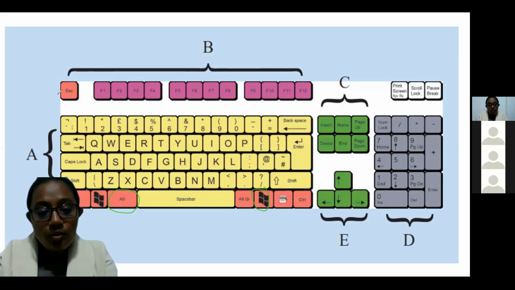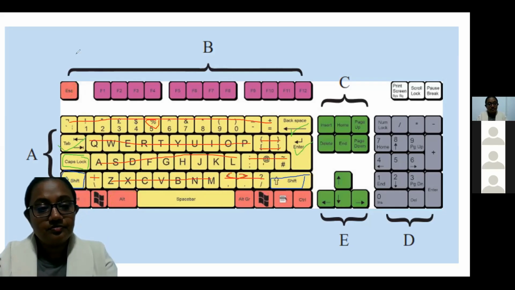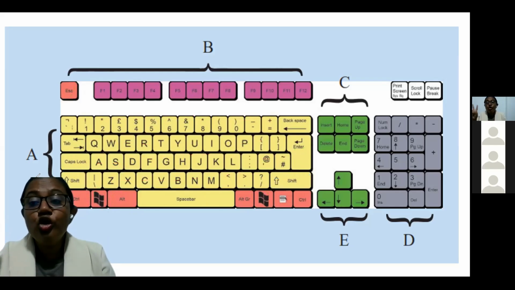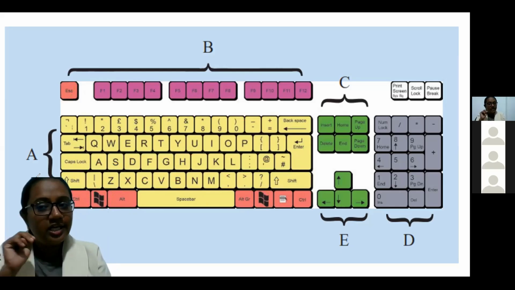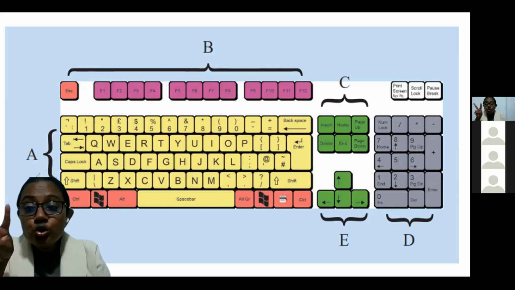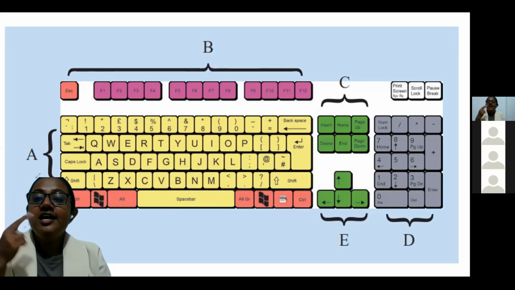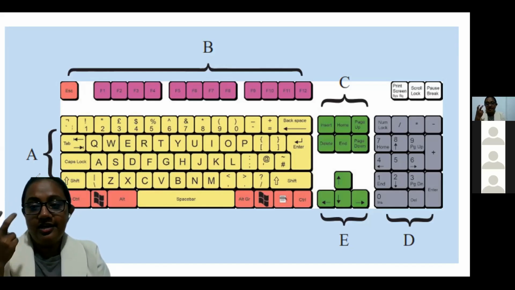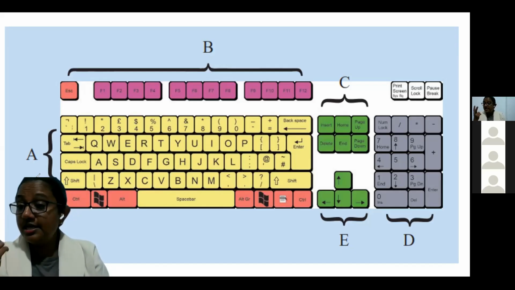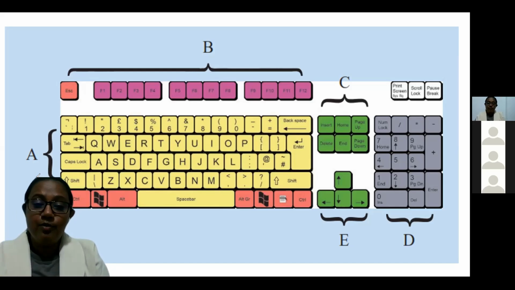Right. Normally, in keyboards, we can see two CTRL or two control keys. In normal keyboards, we can see two control keys. There are two control keys in a normal or standard keyboard. Right? Let's identify.